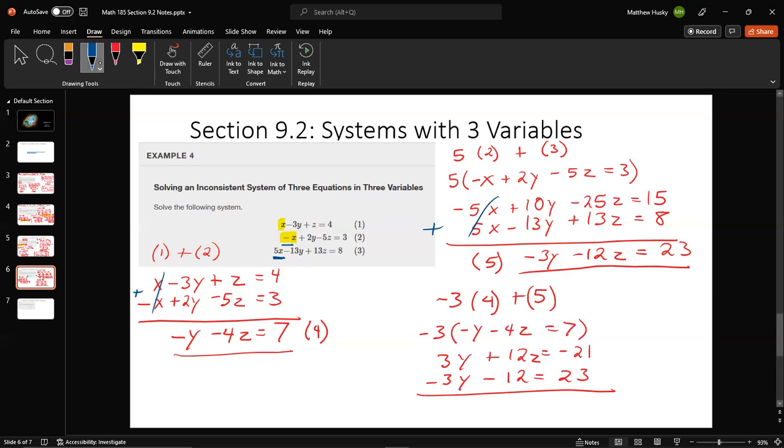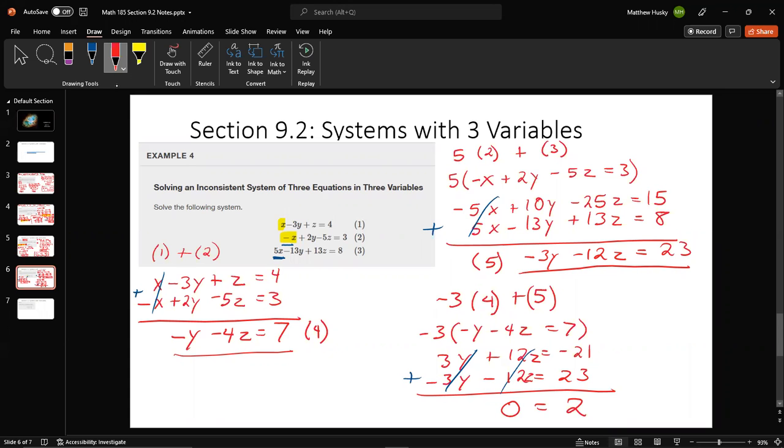We will add these up. The y's get eliminated. The z's also get eliminated. I don't know why I keep leaving off the z. So that's going to end up leaving you with 0. And if you do negative 21 plus 23, that gives you the statement 0 is equal to 2.